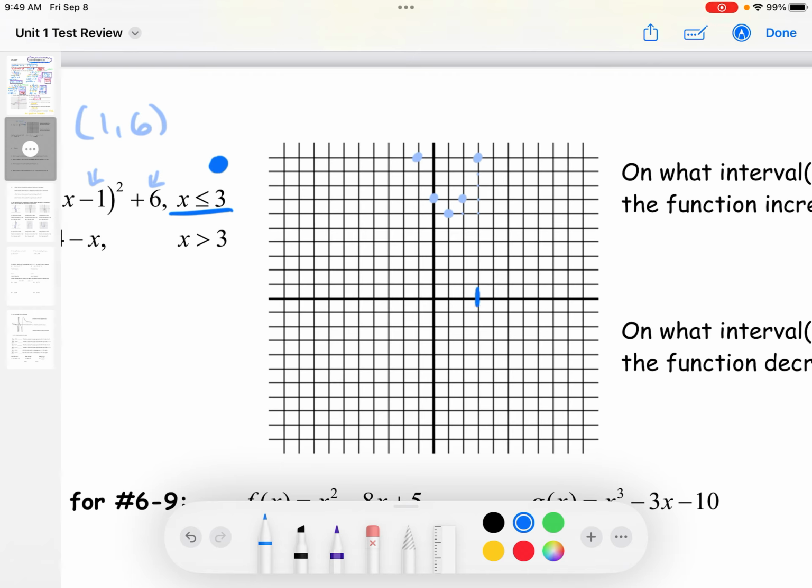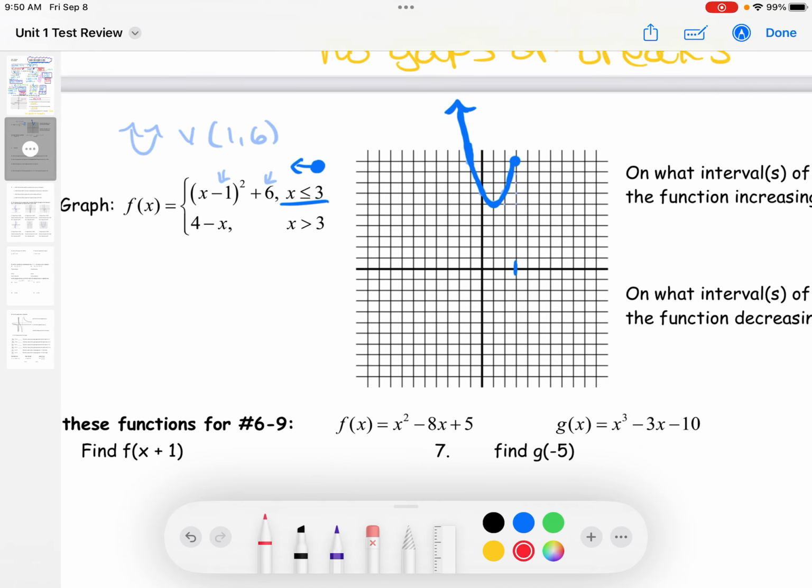So when x equals 3, here's our solid dot on this parabola. And then x less than, we follow our graph to the left. So from this solid dot, I'm going towards the left, which happens to curve down and then curve up. So here is the piece of this function that we are using.